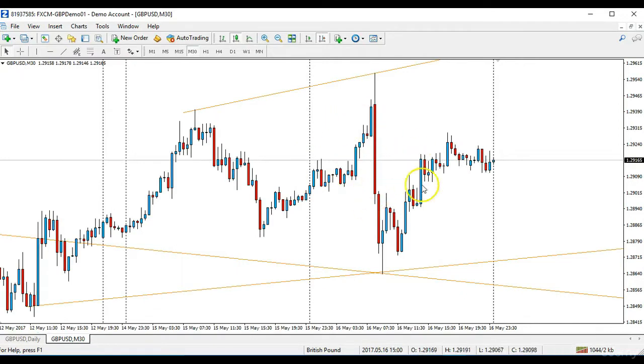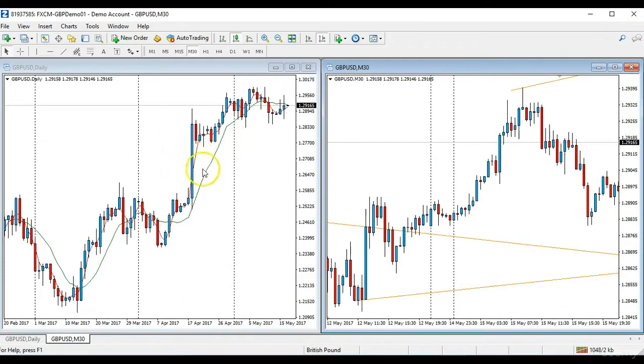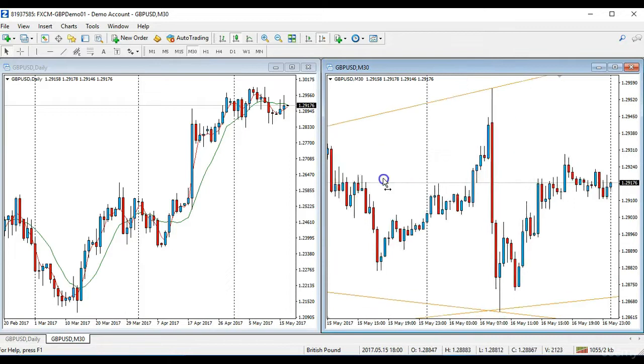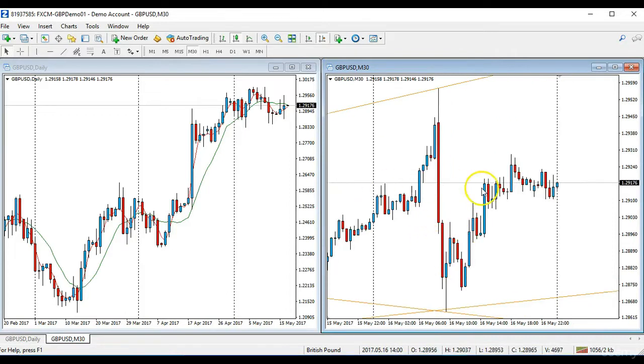So all these 30-minute candles designate 24 hours, and on the daily chart, this designates a whole month. So this is April, this is May, and this is the 16th of May. This 30-minute chart is represented by what happened yesterday.